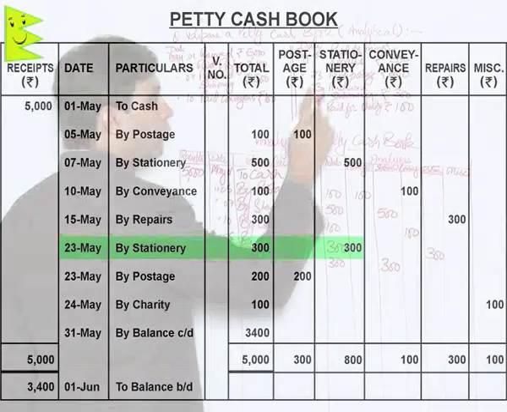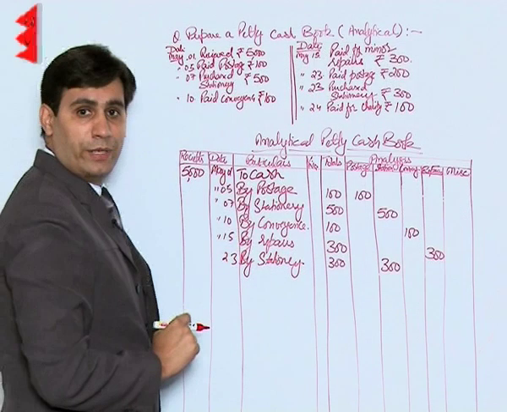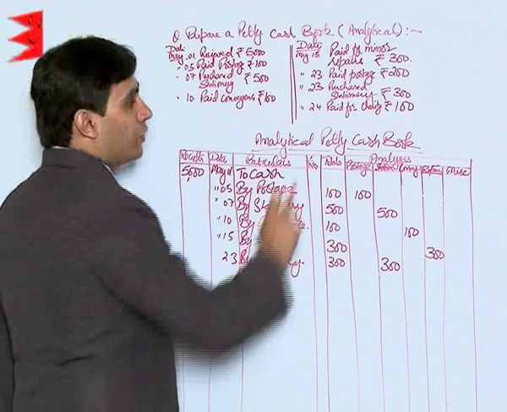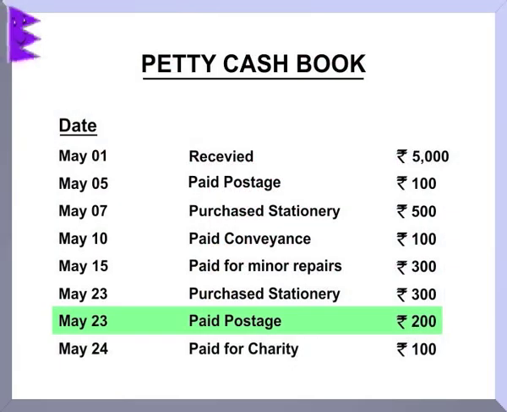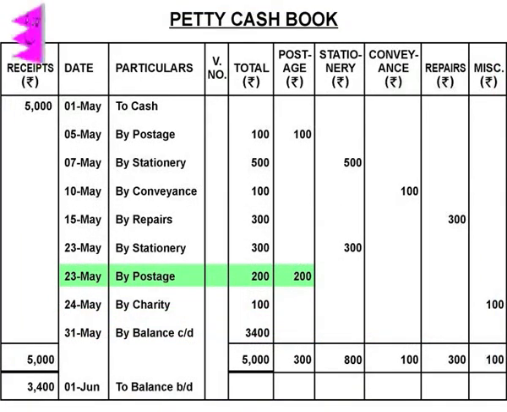Now students, there are two entries on the date 23rd here. So now the second entry here is paid postage. Now by postage, the amount that we have paid is 200 rupees. So we'll put 200 in the totals column, and we have a column for postage as well. So 200 would be put in the column for postage as well.